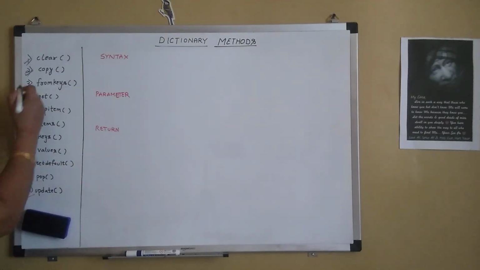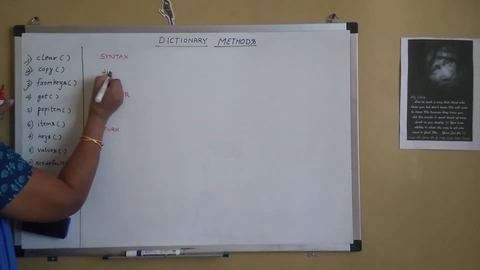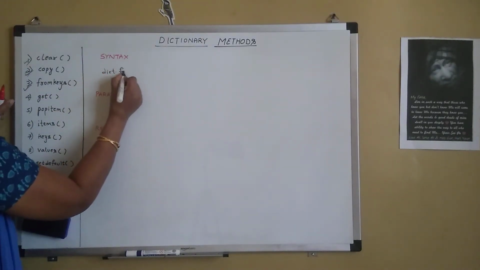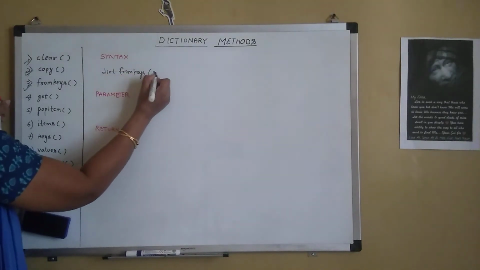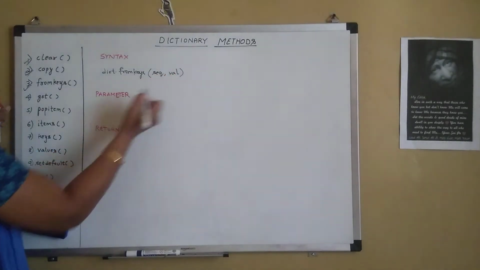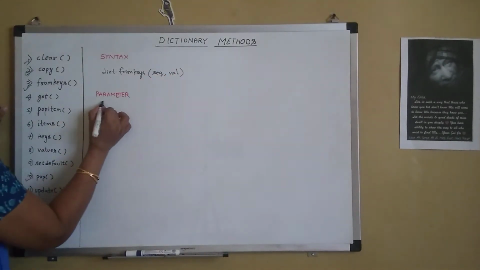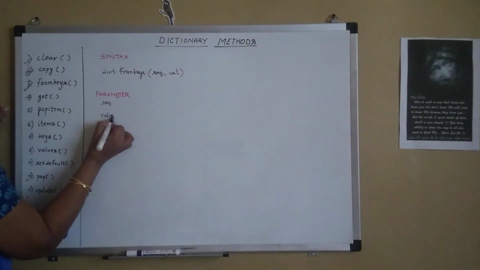And thirdly, let's go to fromkeys. So the syntax is dict.fromkeys(), and it takes two parameters, which are sequence and value.